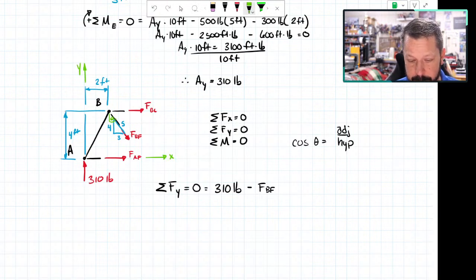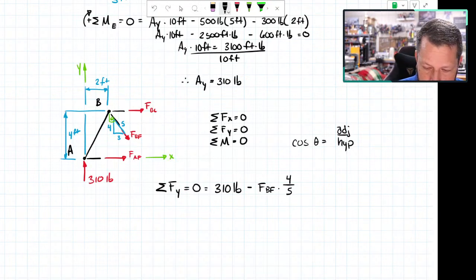So I can skip the step of calculating the angle. If I want the Y component, I just multiply F_BF, the magnitude of the force, times 4/5, because that is the adjacent over the hypotenuse. That's it. Now the only unknown in there is F_BF.